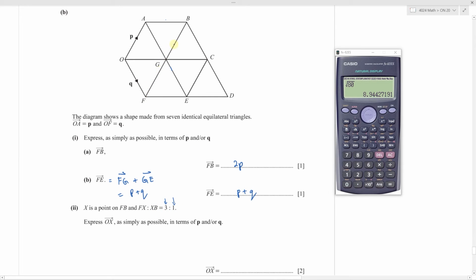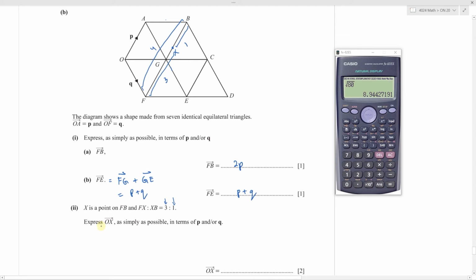So FX is 3 parts, XB is 1 part, and FB in full will be 3 plus 1, 4 parts. That's how this ratio is divided.